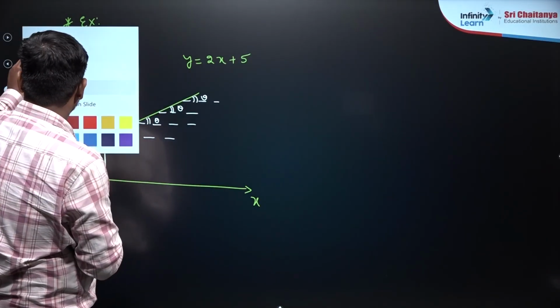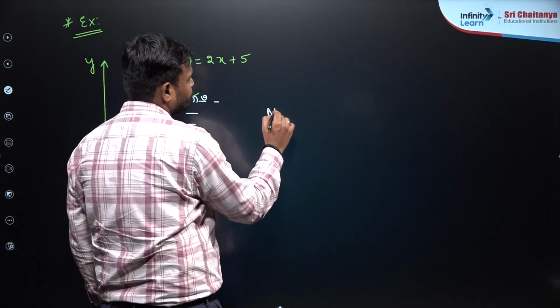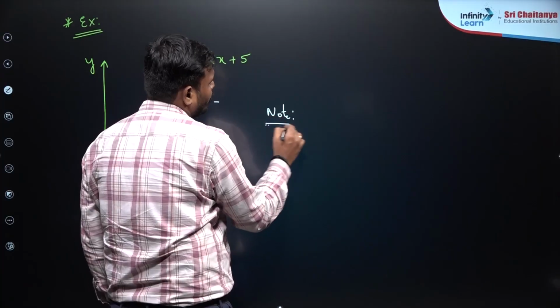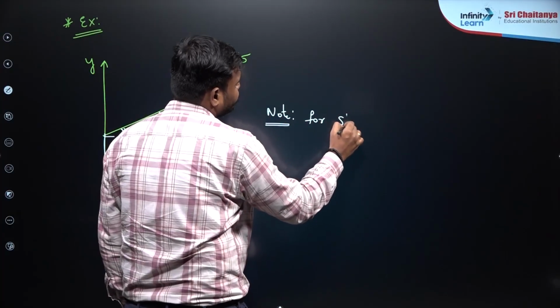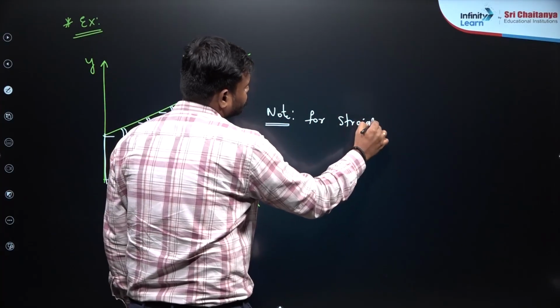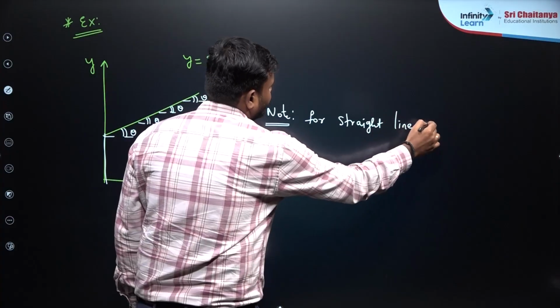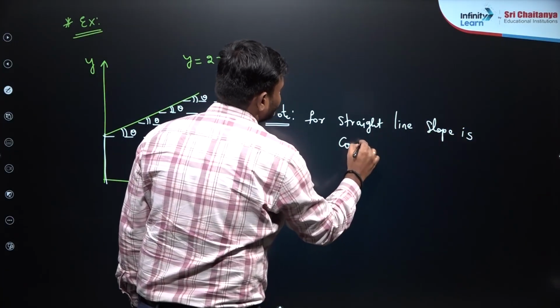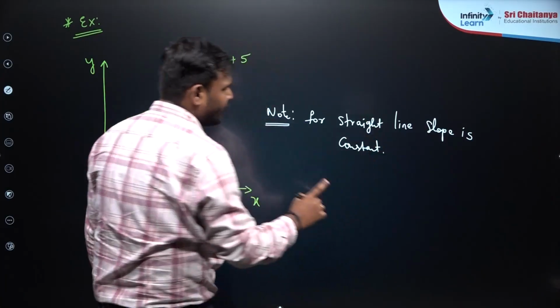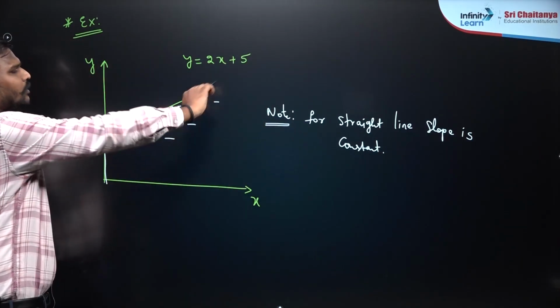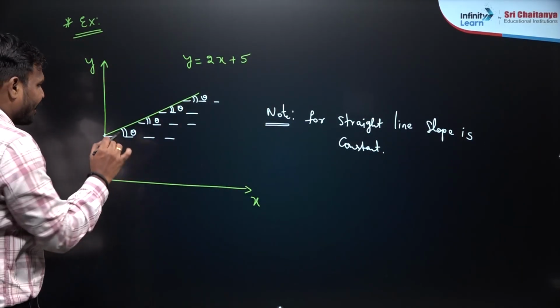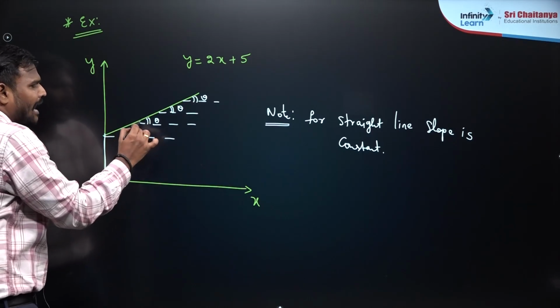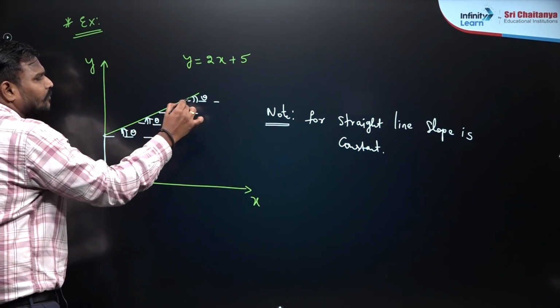So we will conclude one important point: for a straight line, slope is constant. Throughout the line the slope will be constant. And with the x-axis, I told you, the anti-clockwise direction.